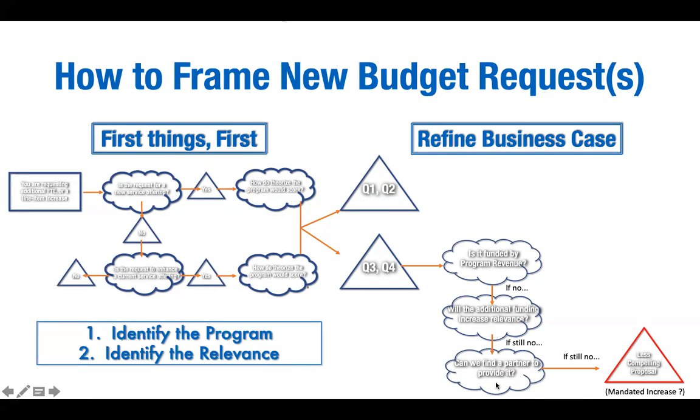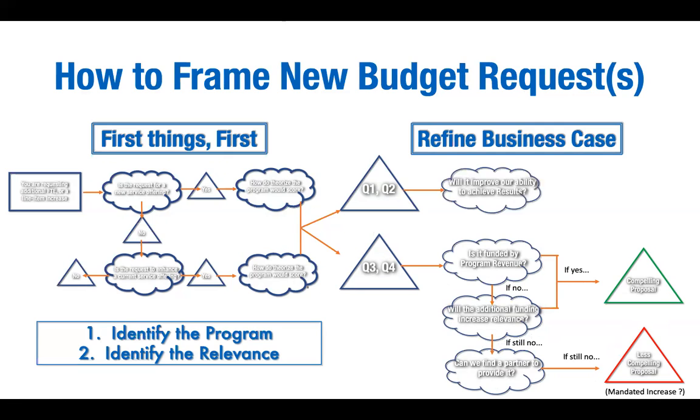And if the answer is still no, that's a pretty uncompelling proposal. We might ask at that point, is there a mandate requiring us to provide this program? Why are we requesting any resources for this increase overall? And if the answer is yes to any of the above, then it's a more compelling proposal to consider.